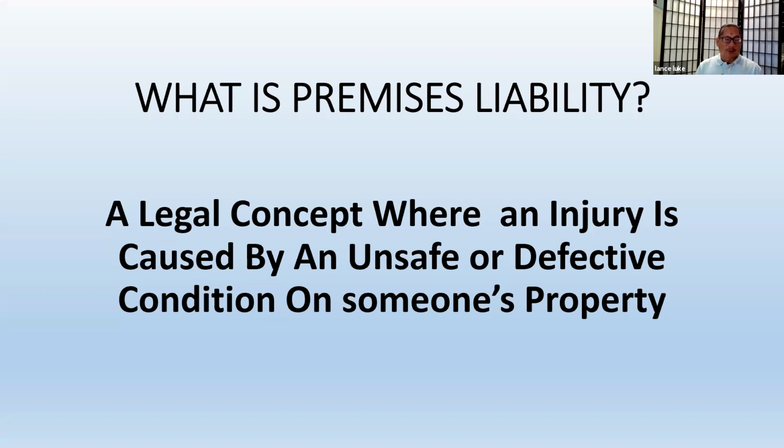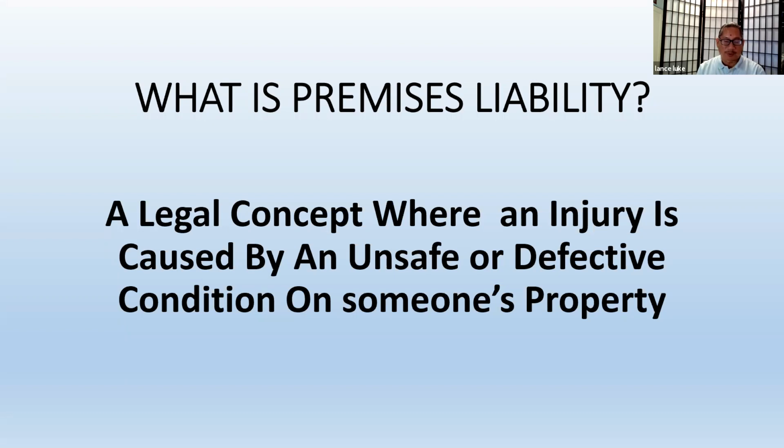Premises liability is a legal concept that typically comes into play in personal injury cases where the injury was caused by some type of unsafe or defective condition on someone's property. Some types of cases are slip and fall, such as snow and ice accidents, inadequate maintenance, and hazardous and defective conditions of certain things.